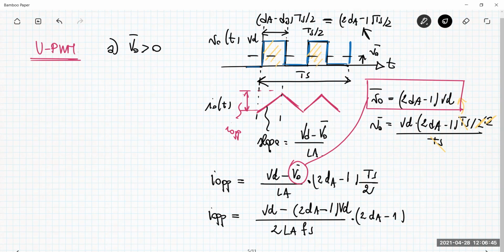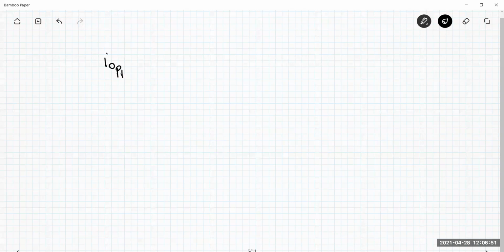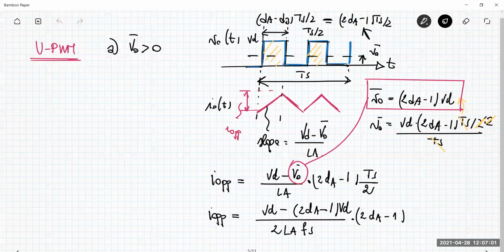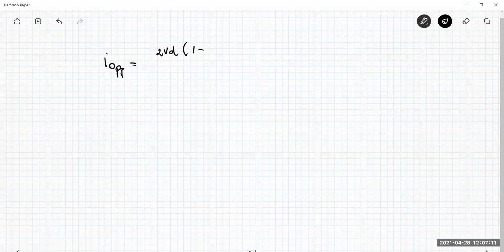So, some very simple algebraic manipulation. If you collect Vd here, you get 1 minus 2 times da plus 1, so 2 minus 2 times da. I can also collect the 2, and then you have 1 minus da over 2 times La fs, times 2 times da minus 1.